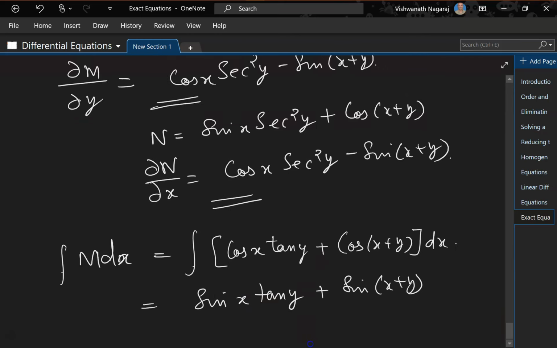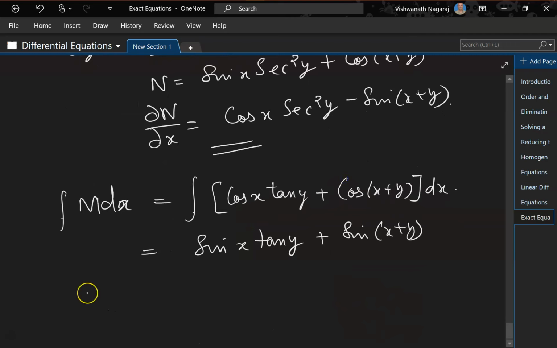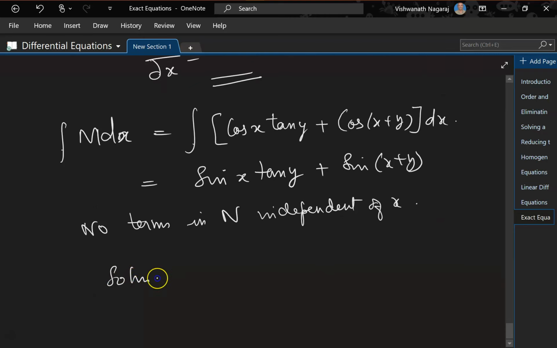Now if you look at N, this term contains x, this term also contains x. So there are no terms in N independent of x. So the solution is sin x tan y plus sin(x plus y) equal to c.